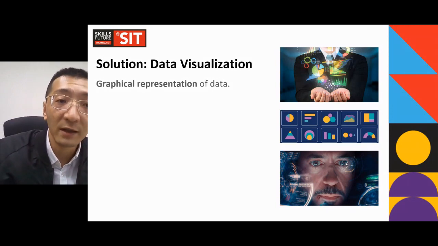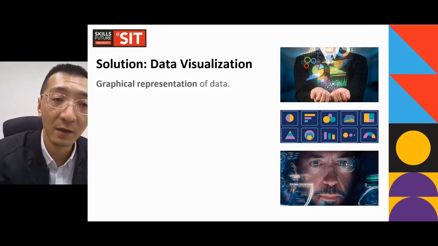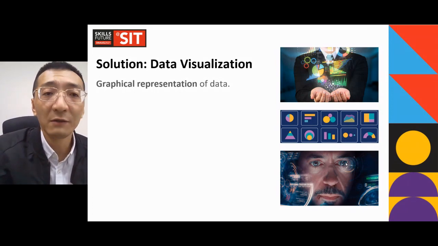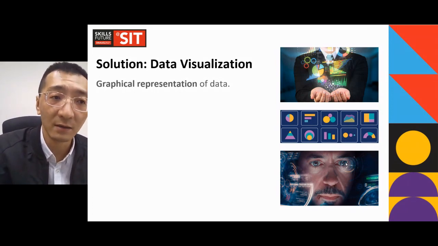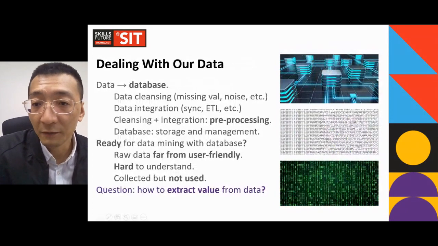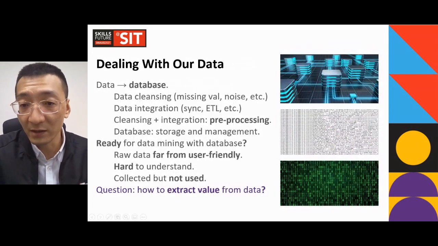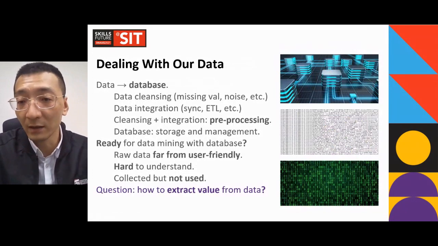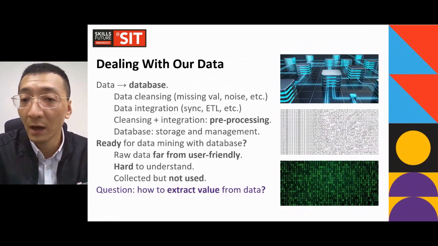So first, what's the definition of data visualization? For simplicity, data visualization is very simple. It's just the graphical representation of the data. So here you can see the second figure, it's just too much information, but it's really data. And we can't say that the quality of the data is not there. The quality is there, but it's for the computer, not for us.